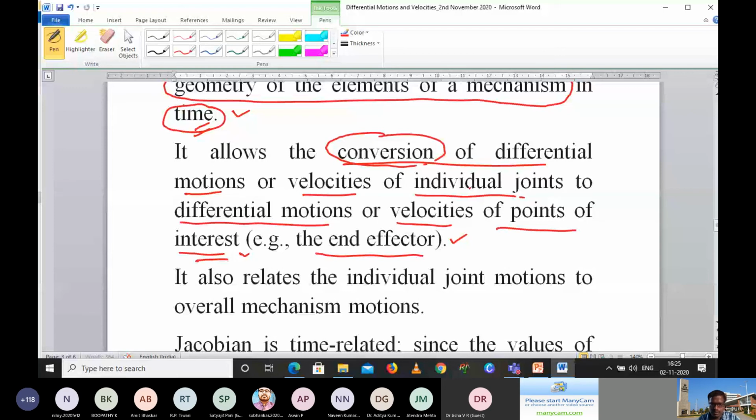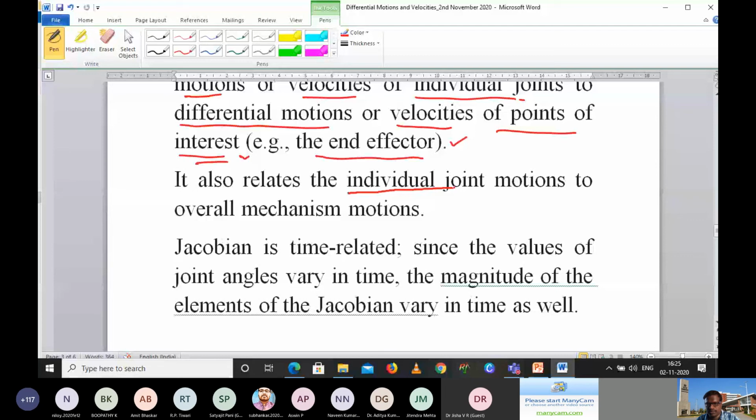Whichever point you want, you can calculate by using this Jacobian. The third one is that it also relates individual joint motions to overall mechanism motions. That is why whenever we go for kinematic analysis, we ask where your Jacobian matrix is.